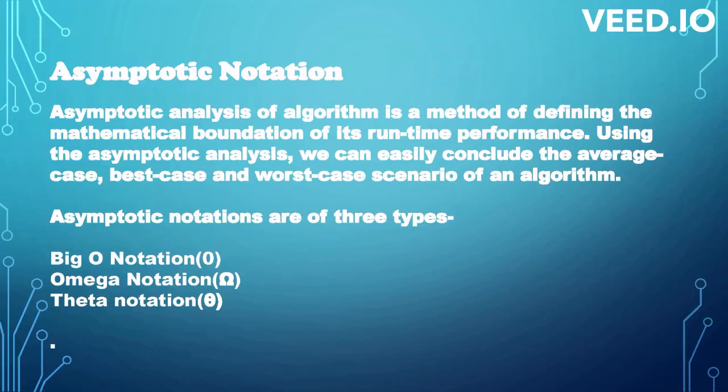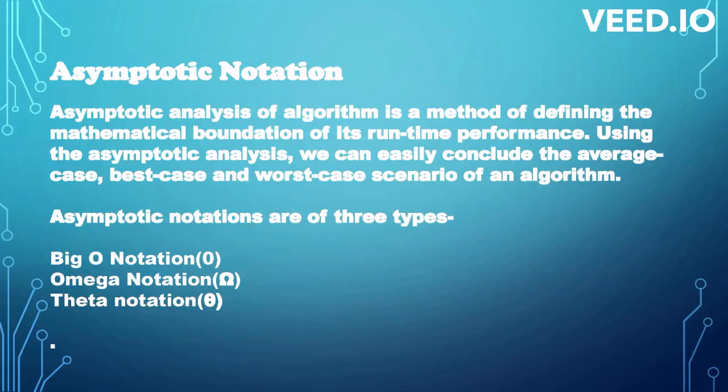Asymptotic notation of an algorithm is a method of defining the mathematical foundation of runtime performance. That is, it will determine the runtime performance, whether it is fast, slow, or average. Using this asymptotic analysis, we can easily conclude the average case, best case, and worst case scenario of an algorithm.